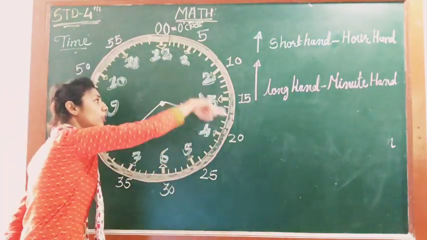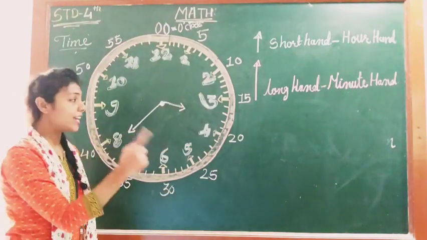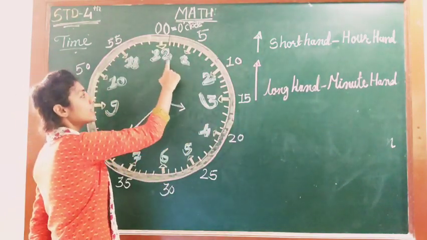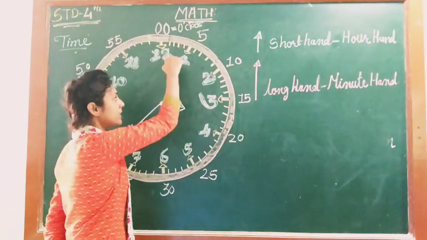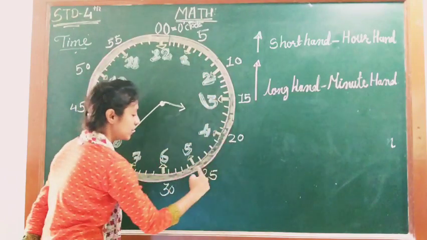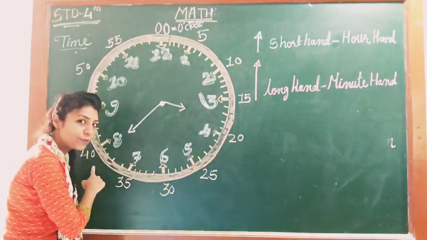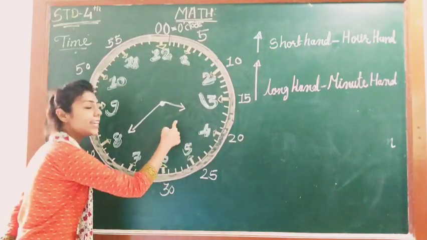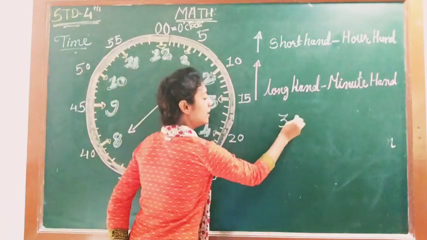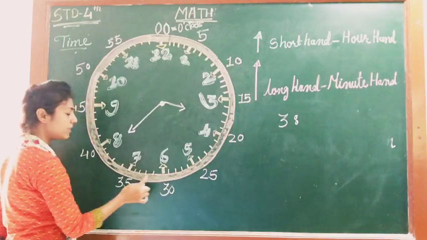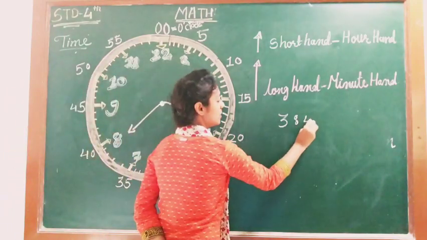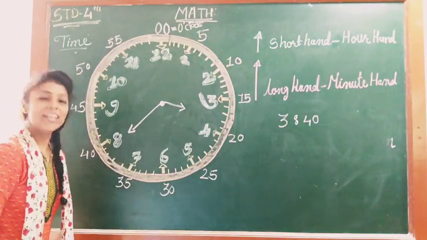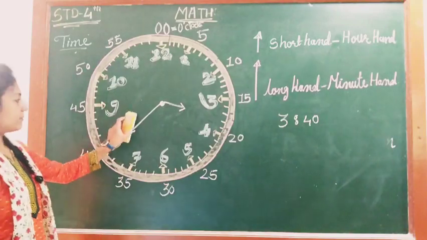We have to go clockwise, and we read this digit only, because 60 minutes are not complete. It is 3 hours, and 5, 10, 15, 20, 25, 30, 35 and 40 minutes have passed. The full 60 minutes are not yet complete. So we cannot write 4. It's 3 hours. So 3, then 2 dots, and then how many minutes? 40. So 3 o'clock and 40 minutes.